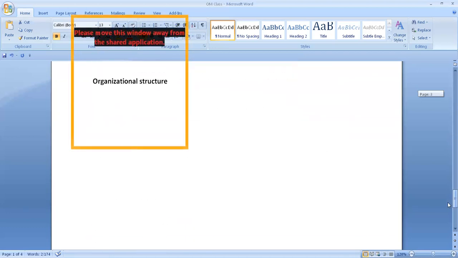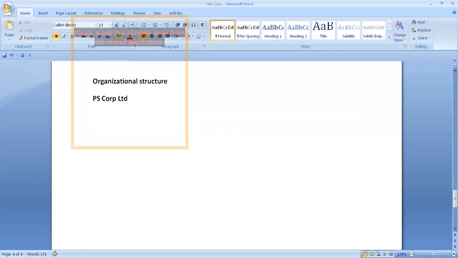For example, in a tree-like structure, there is PS Corporation Limited.